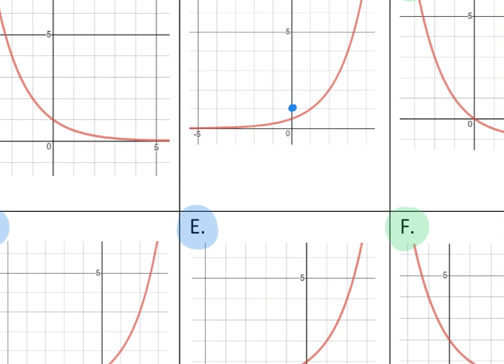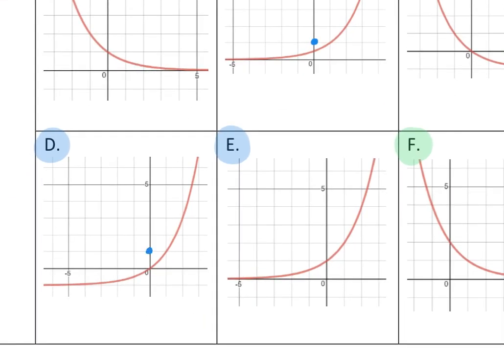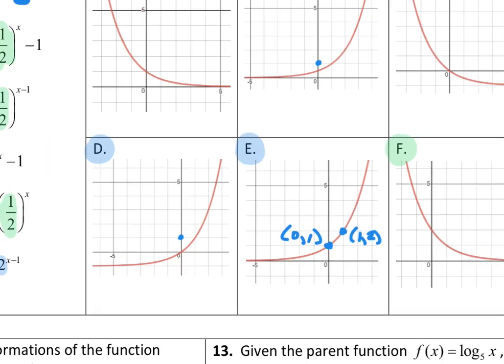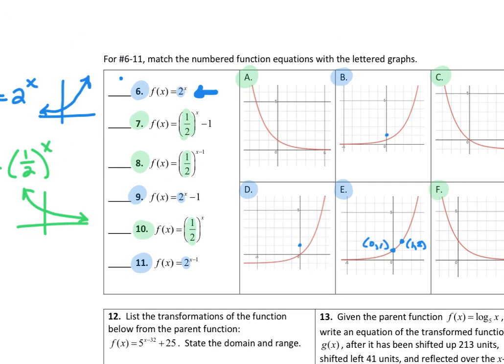So here's 0, 1, here's 0, 1, here's 0, 1. So I'm thinking it's E. The graph should also have a point at 1, a or 1, base. And so here's the point 1, 2. And so you have a point at 0, 1, you have a point at 1, 2. So the answer to letter 6 is going to be E.